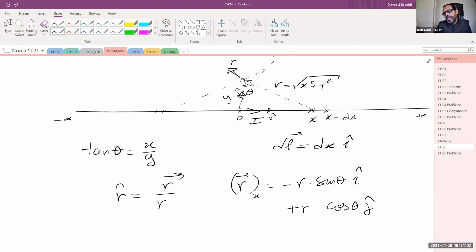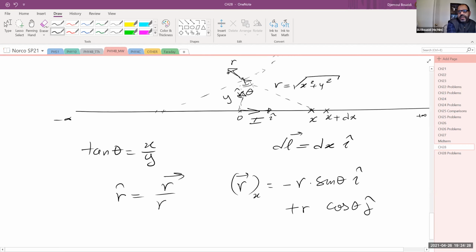Looks like it. Yeah, it involves the sine of the angle between them. Yeah, it looks right, okay?